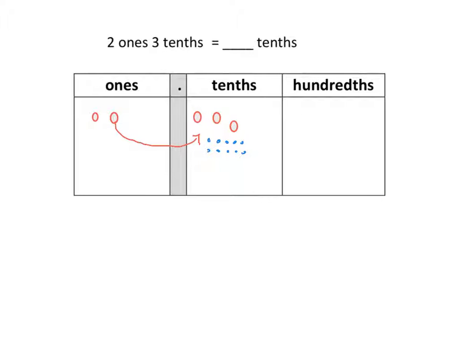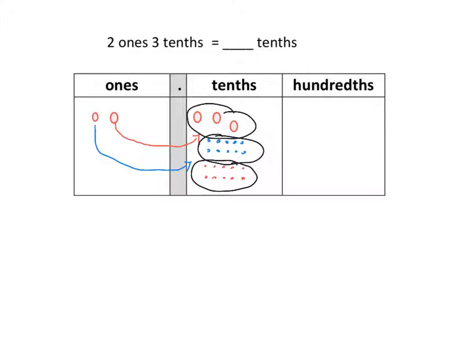And then we have our last one to move over. And that one is going to be 1, 2, 3, 4, 5, 6, 7, 8, 9, 10. So how many tenths do we have? Because that's what the problem is asking you for. Well, we've got 10, 20, and a 3. So we've got 23 tenths.